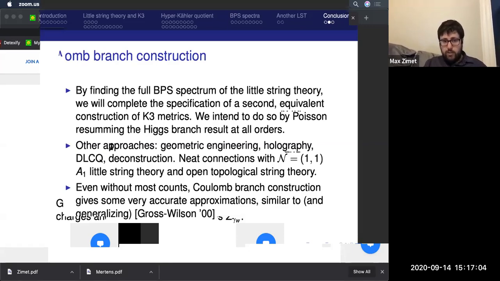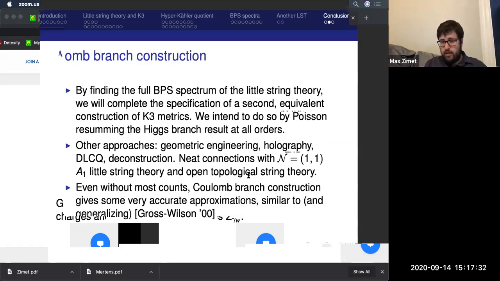And there are other approaches one might use for directly attacking this counting problem. So I mentioned geometric engineering and these string webs, which are probably I think the two most promising. In particular, those are promising in this N=(1,1) little string theory. Yeah, and there are some neat connections with open topological string theory.